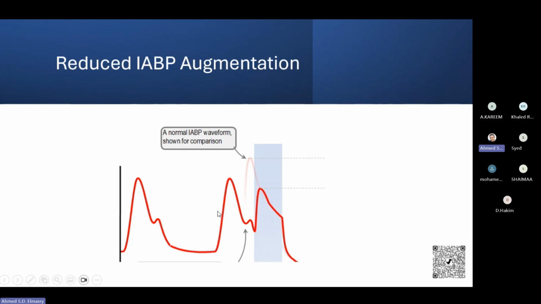But if you have a problem with the timing, or many problems that can affect the augmentation, the augmented diastolic pressure might be lower than the unassisted systolic pressure. And this is what we call reduced intra-aortic balloon augmentation.